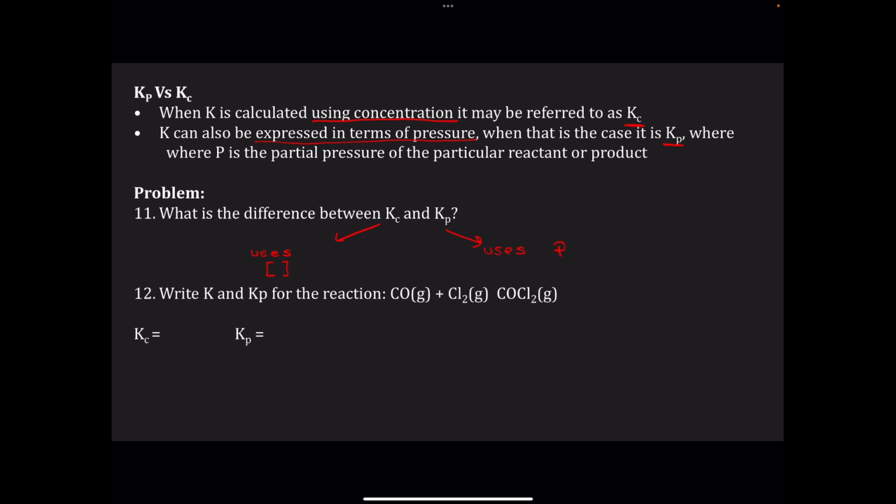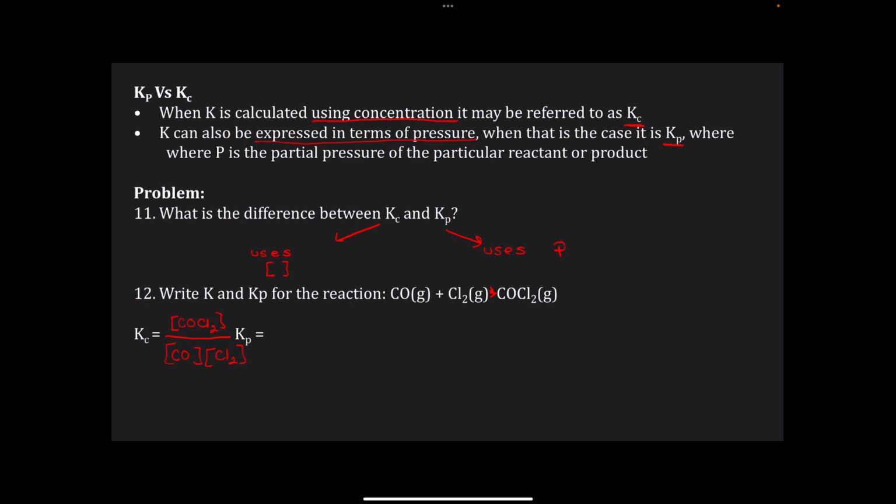They're set up the exact same way. So no matter what type of K we're looking at, they're always set up the same. So I'm going to have the concentration for Kc, the concentration of my product, raised to its coefficient, divided by each reactant, raised to their coefficients.